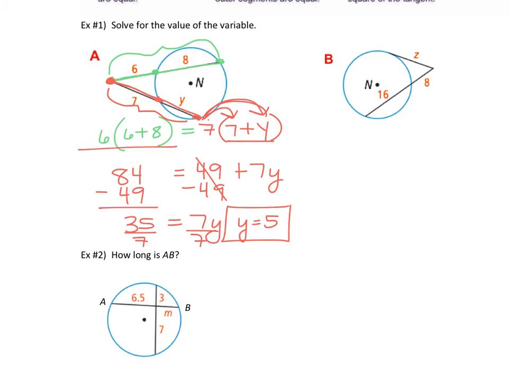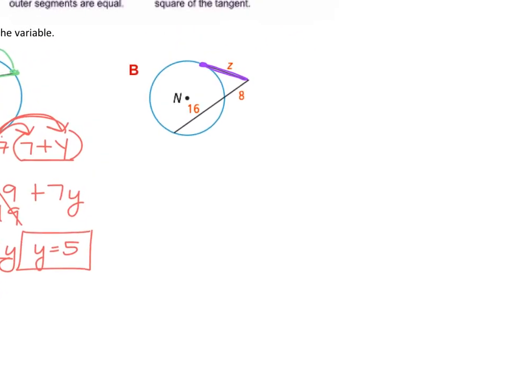Letter B here, this is the one that's tangent. Can you remember what we said we do when it's tangent? Give you a second to think about that. When it's tangent, you're just going to square that amount. So it's going to be z squared equals, and now we need to go from the point where they meet to the circle, is a length of 8, times, and then from that point again to the other side of the circle, is 8 plus 16.